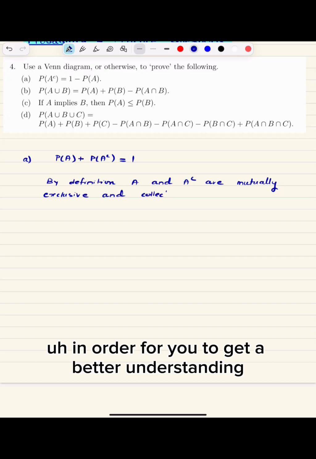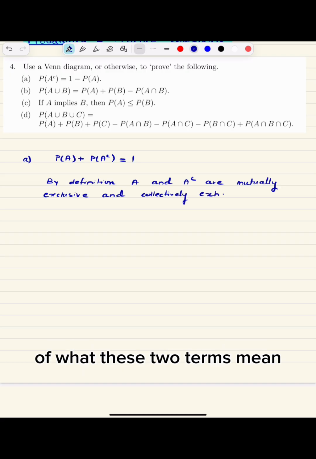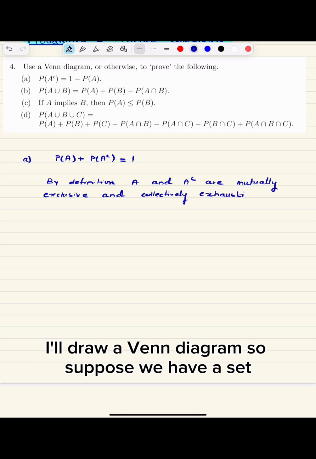In order for you to get a better understanding of what these two terms mean, I'll draw a Venn diagram.